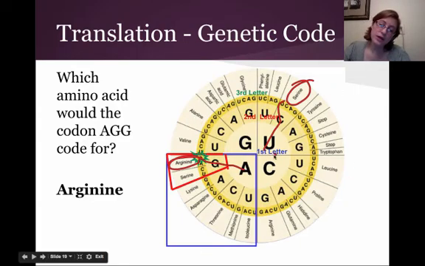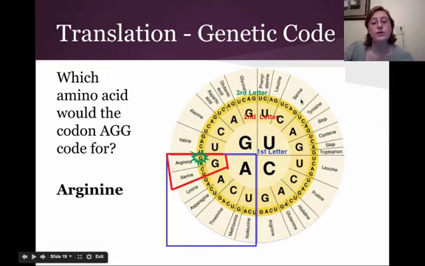Note that when you look at this genetic code, it tells you a few things. First of all, each amino acid isn't necessarily unique. For example, UCU, UCC, UCA, and UCG are all going to code for serine. So they're all going to code for the same amino acid. Some of them, however, are going to be just for one.